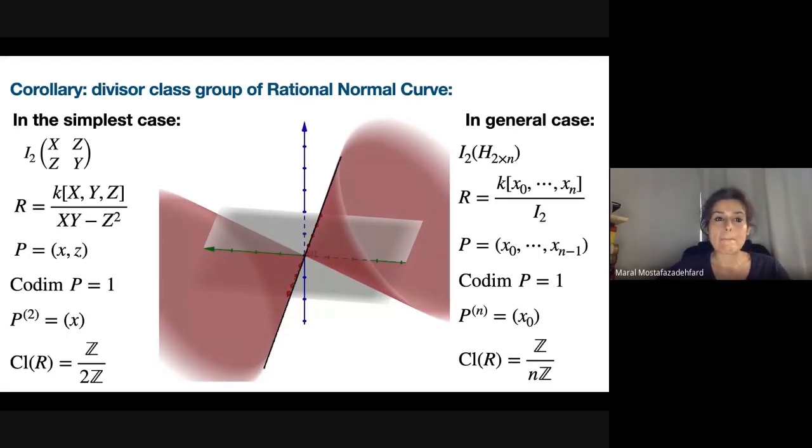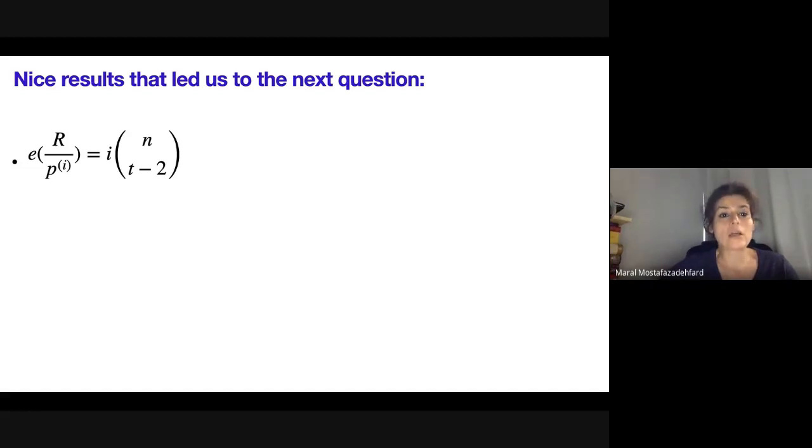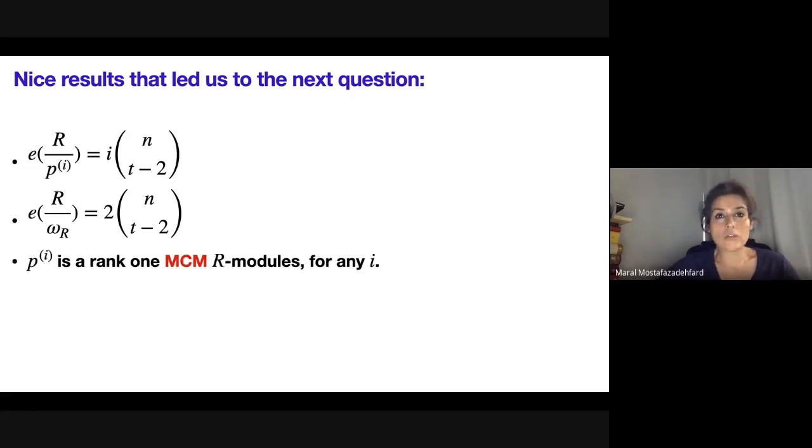Okay, but we obtained another result that encourages us to ask other questions. For example, we could compute the multiplicity of all of the symbolic powers of P, and in particular the multiplicity of the canonical divisor. And moreover, we could show that all of these elements of the divisor class group are maximal Cohen-Macaulay R-modules of rank 1.